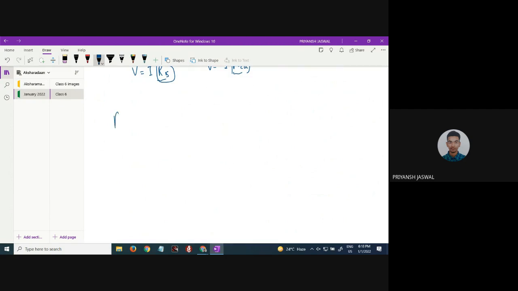This proportionality constant, the constant R, is known as electrical resistance. Just from the name, it suggests that it resists electricity.